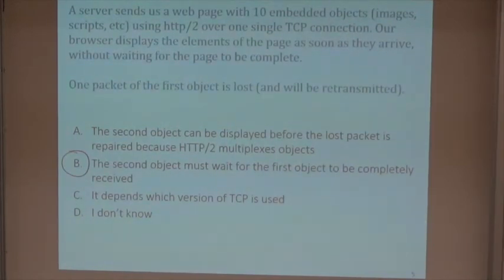So if there is at the beginning a loss in slow start, for example, that will take a lot of time for the first object to be transferred, then the entire page will have to wait a lot of time. And we experience that. We experience some randomness when you go to a web server. Once in a while, it takes a large amount of time compared to the average. That might be one of the causes.